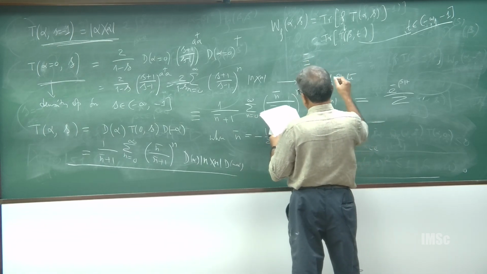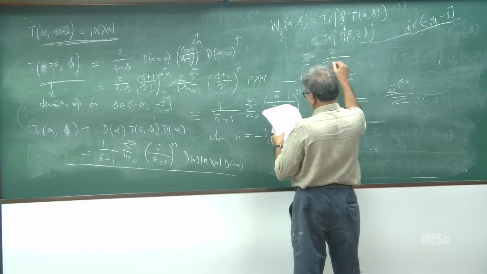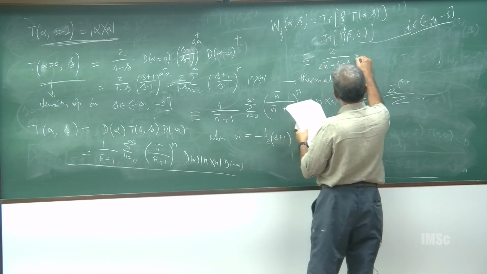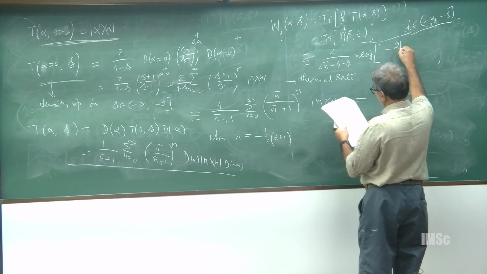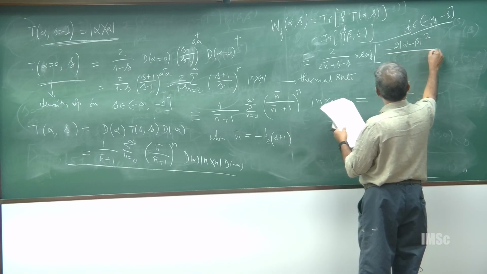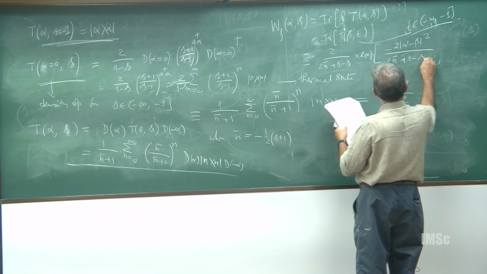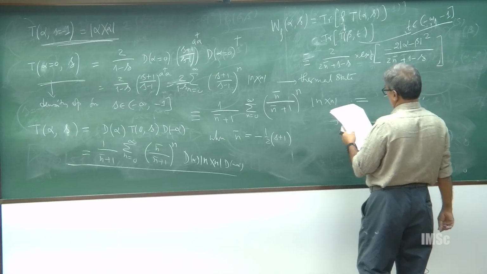This is 2 by 2 n bar plus 1 minus s, into exponential of minus 2 alpha minus beta whole square divided by 2 n bar plus 1 minus s.